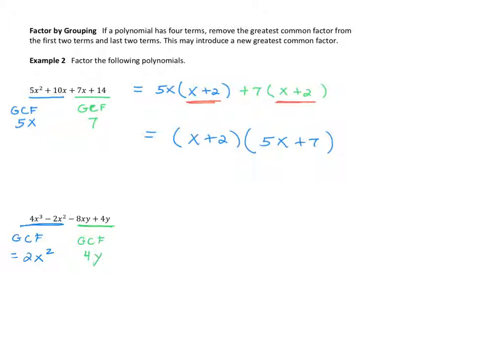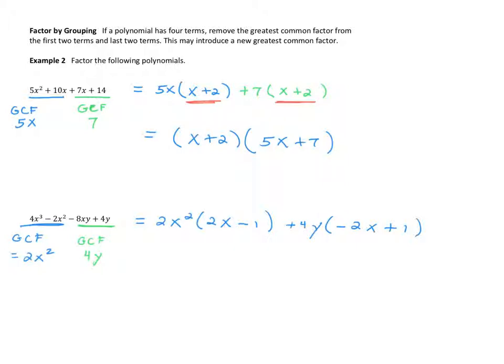Let's see what we get. If I take out 2x squared, I'm left with 2x minus 1. And if I take out a 4y, I'm left with negative 2x plus 1.